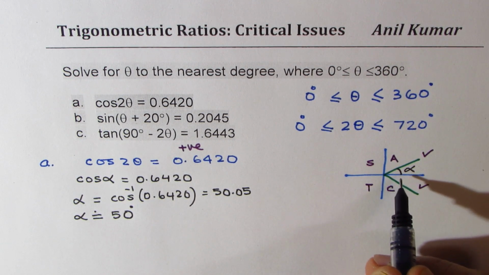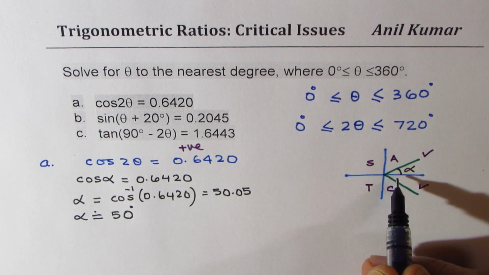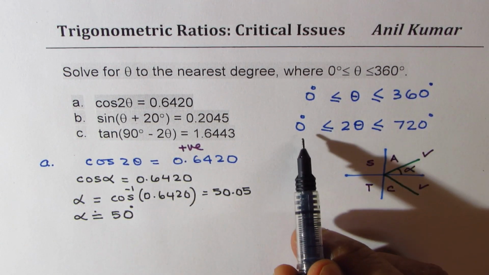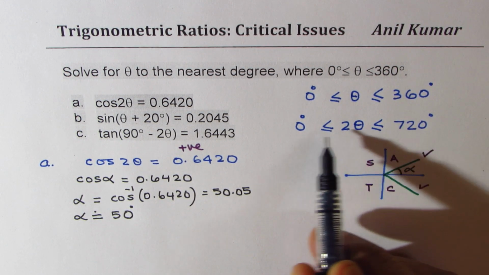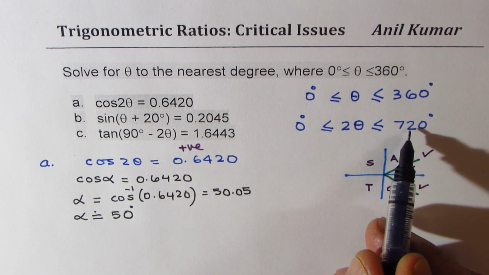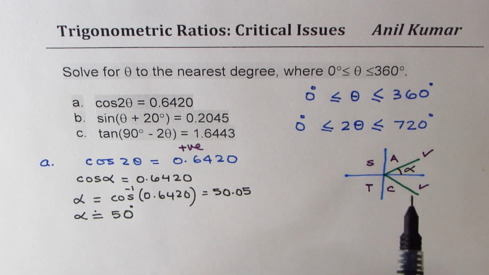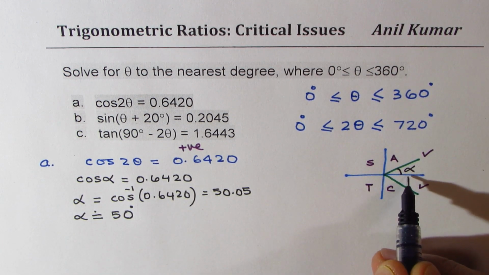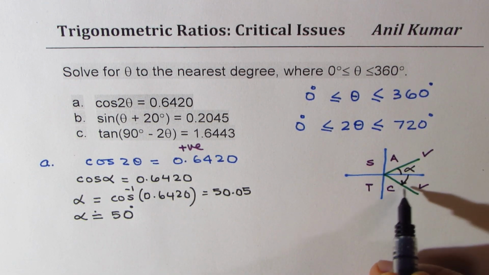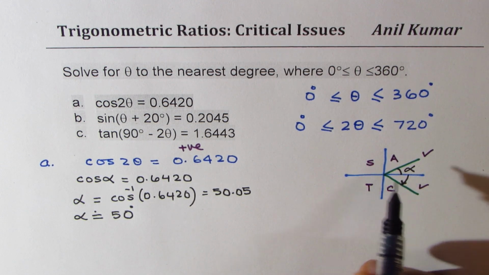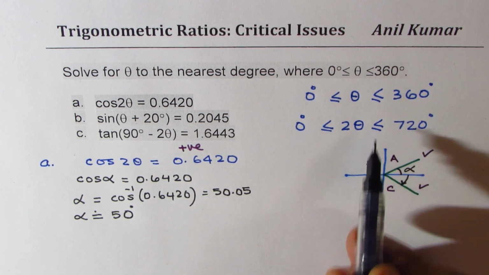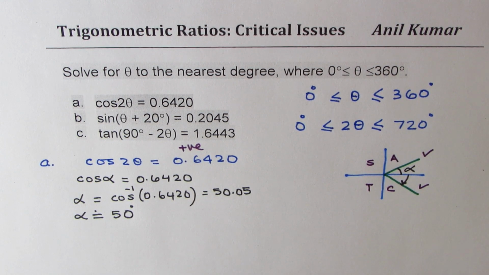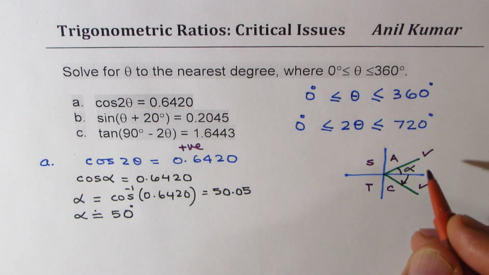Now we know one angle alpha. Now this is between 0 to 90. We want all possible angles from 0 to 720. Do you see that? Now since cos is also positive in quadrant 4, this angle also is our solution. And we are interested in angles from 0 to 720, and therefore I will write this angle as what?